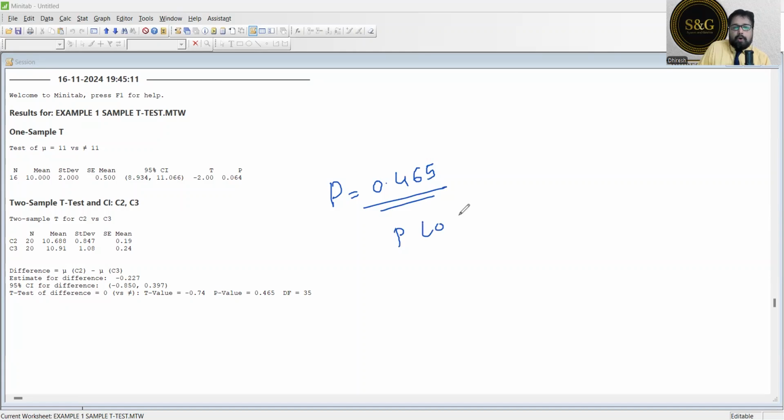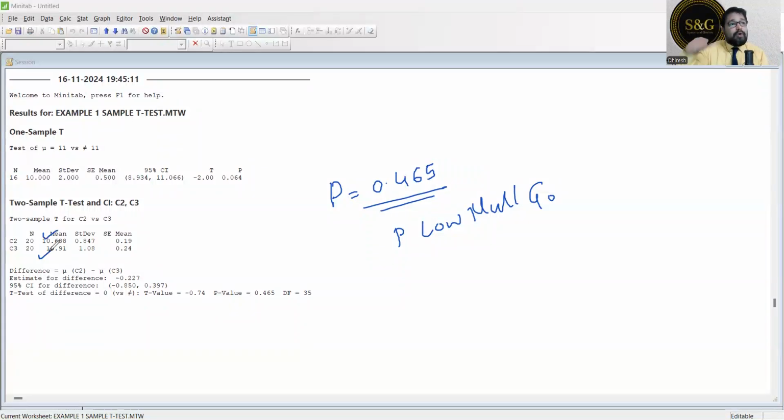So P low, null go, right? But the P value is not lower than 0.05. So we cannot reject the null hypothesis. So there is no statistically significant difference between the means of this and this.